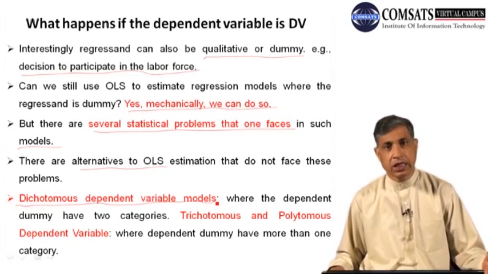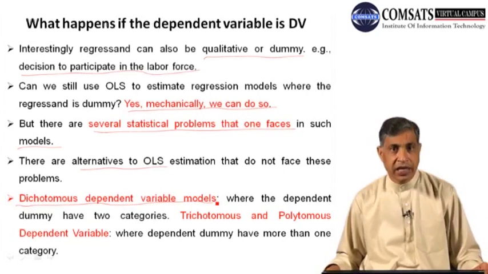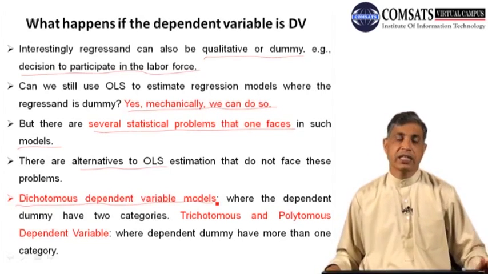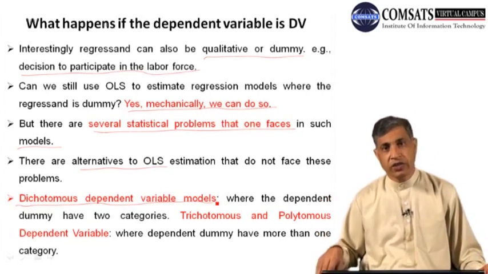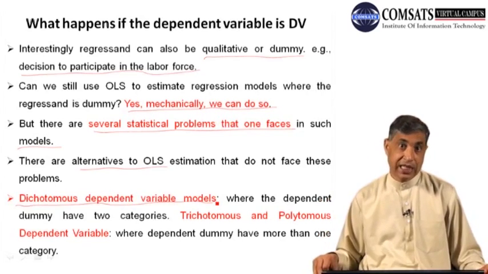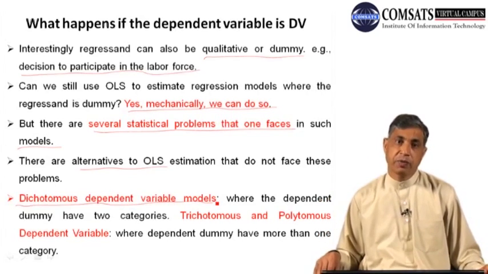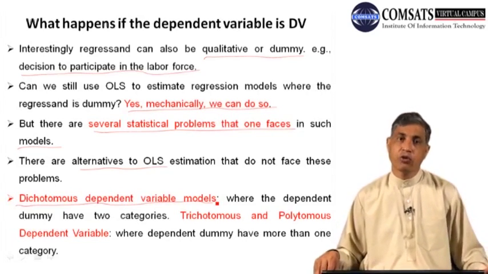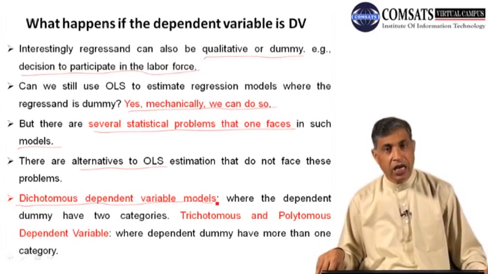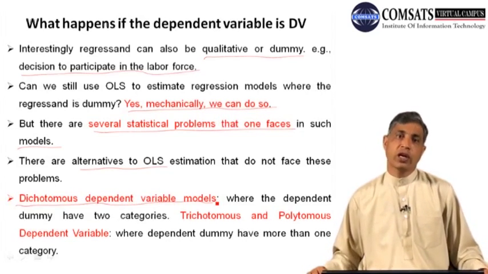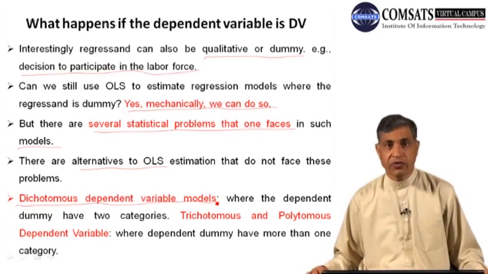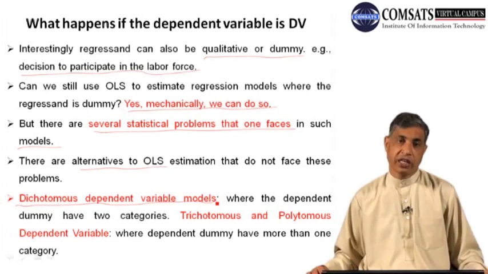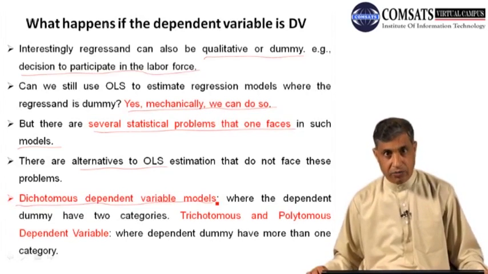For example, gender: male and female; behavior: yes or no; or if we go to the United States and see which party people want to vote for, Republican or Democrat, two parties, two categories. So when there are only two categories for the dummy variable, which is now our dependent variable, we call it the dichotomous variable.